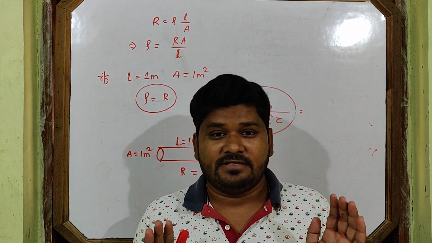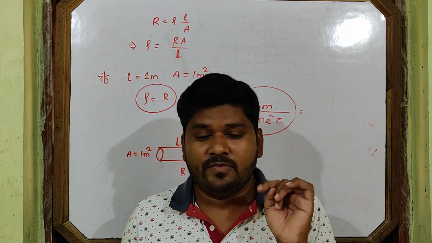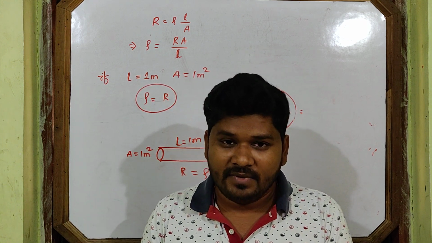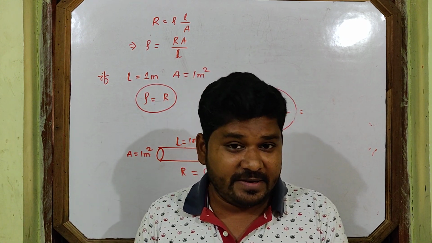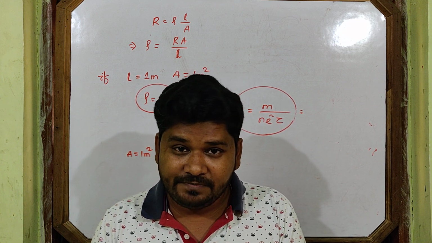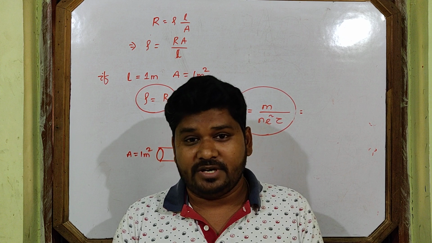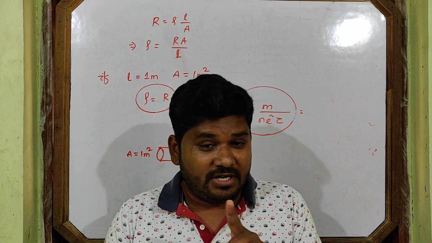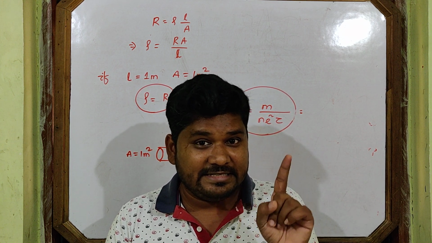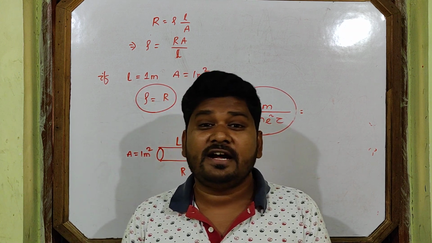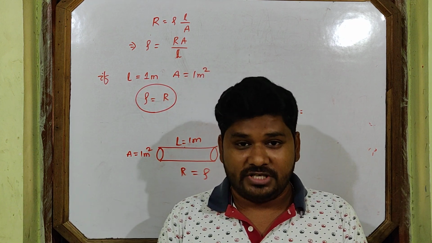This is the answer. If you write this, you will get 1 mark in the exam. And on which factors does it depend? As I told you, it depends on the material of the conductor and the temperature of the conductor. It doesn't depend on the geometry of the conductor, that means length and area of cross section.